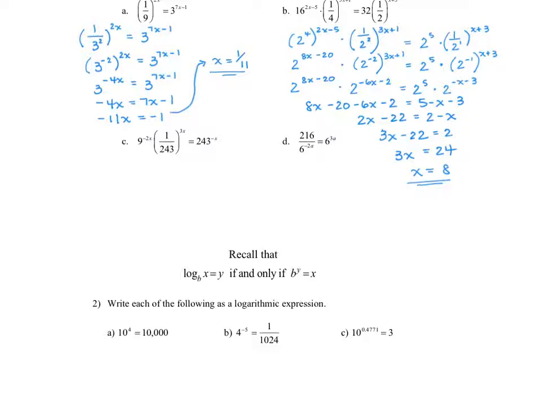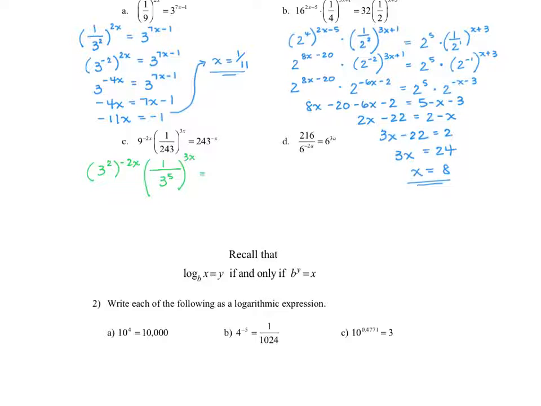In problem 1c, we need to find a common base between 9 and 243. So that will be 3. We'll rewrite 9 as 3 squared raised to the negative 2x. We'll rewrite 1 over 243 as 1 over 3 to the 5th, still to the 3x.